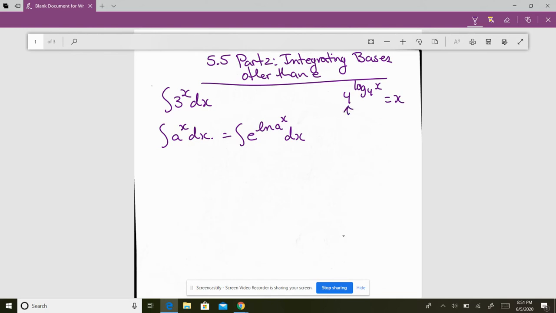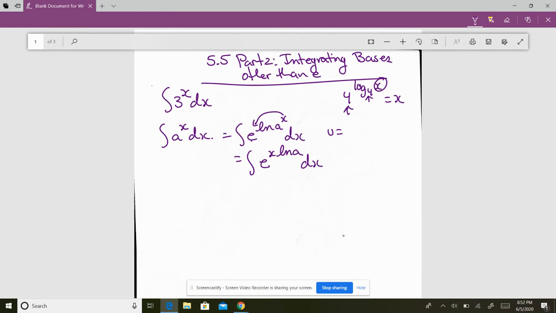If your base here and the base of the log are the same, it's just whatever the argument is. And that's what it is in this case. This would be base e, so it would just be a to the x. So these are equivalent. Then I'm going to do a u sub, well, I guess first I can drop that x down. Let's do that. e to the x natural log of a dx.